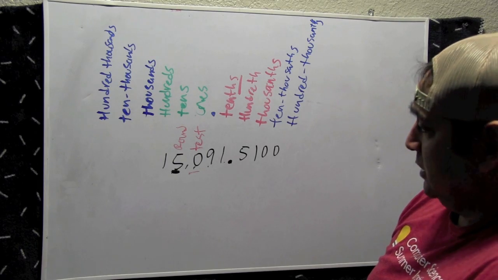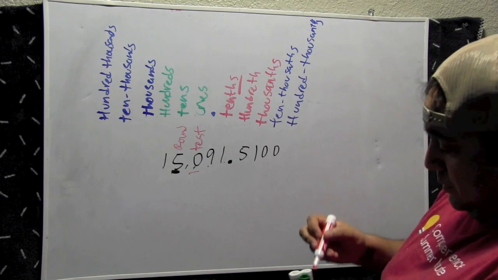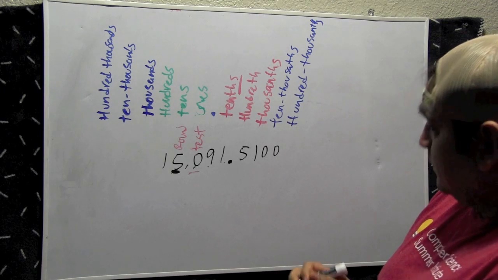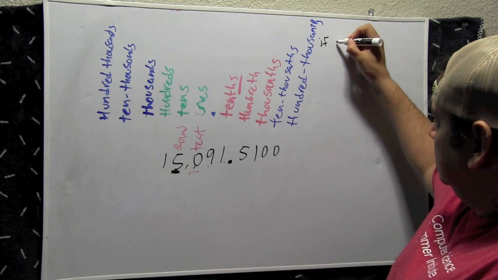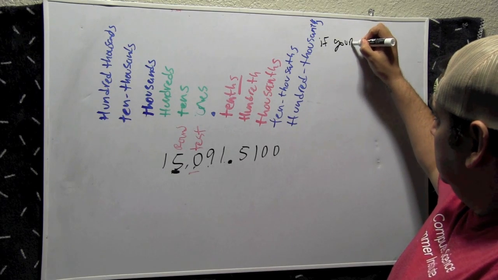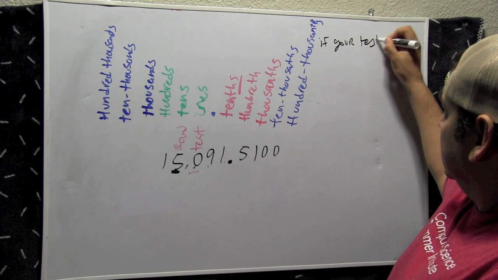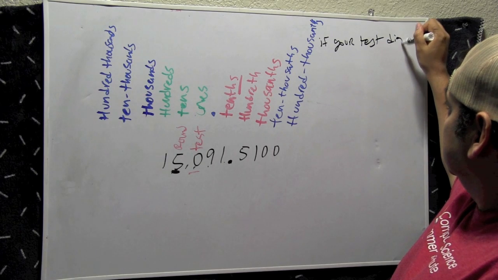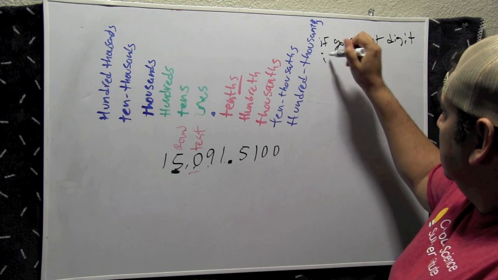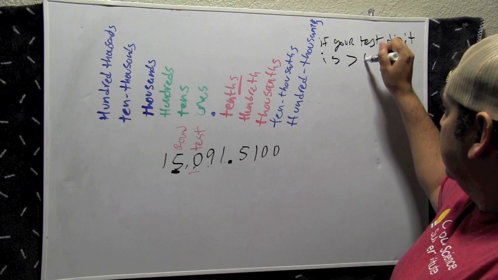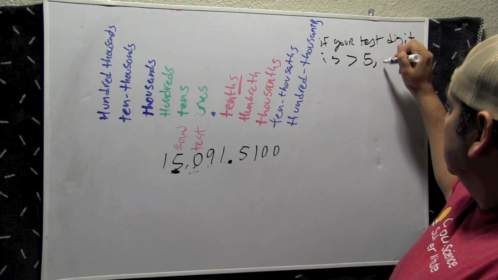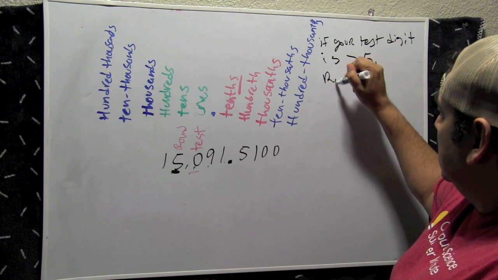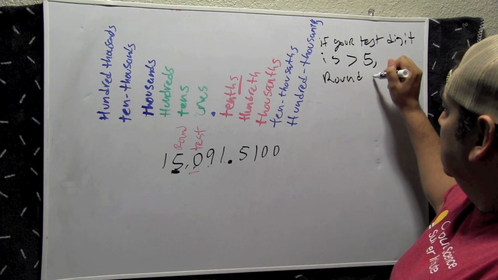If your test digit is greater than 5, round up.